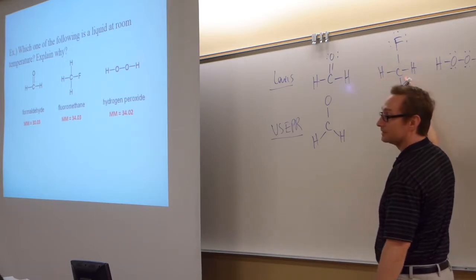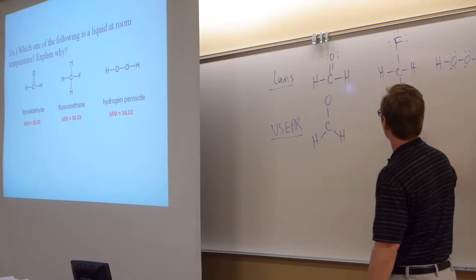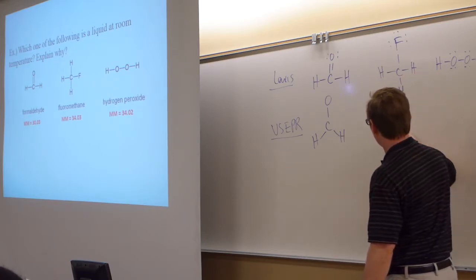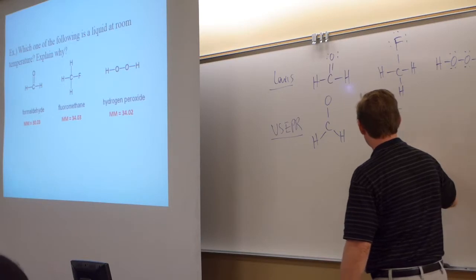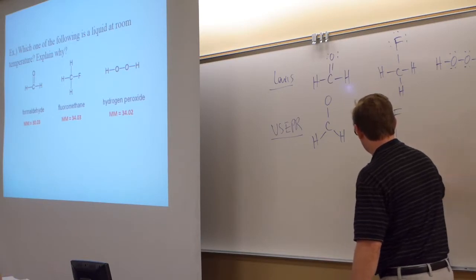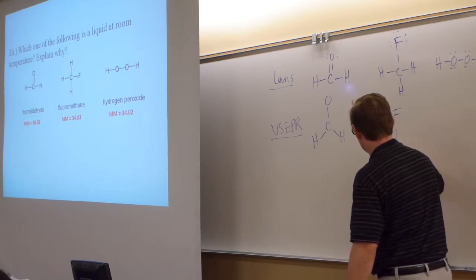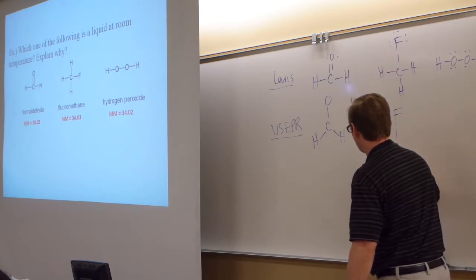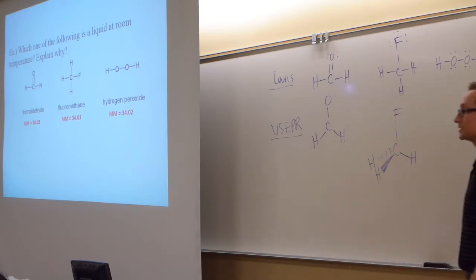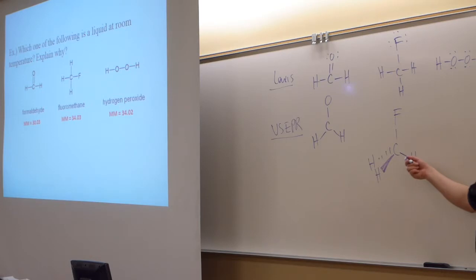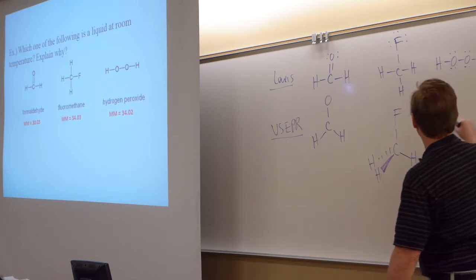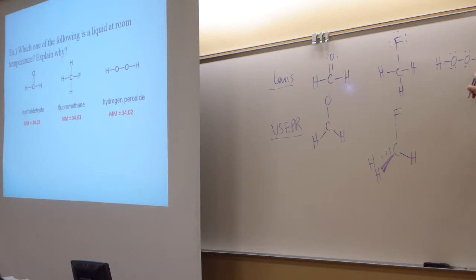This is a tetrahedral carbon, right? So it's really going to be fluorine, we're all pros at drawing tetrahedral compounds now, right? If not, we will be. We're going to do more of this today. And then we have our HOOH.